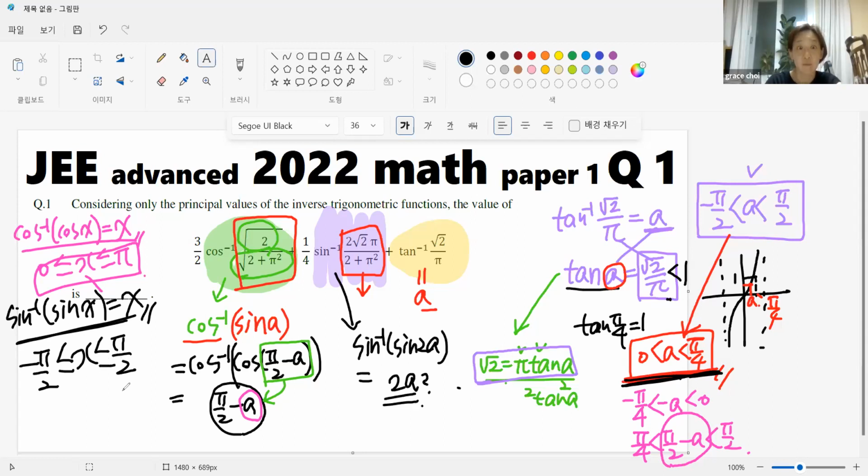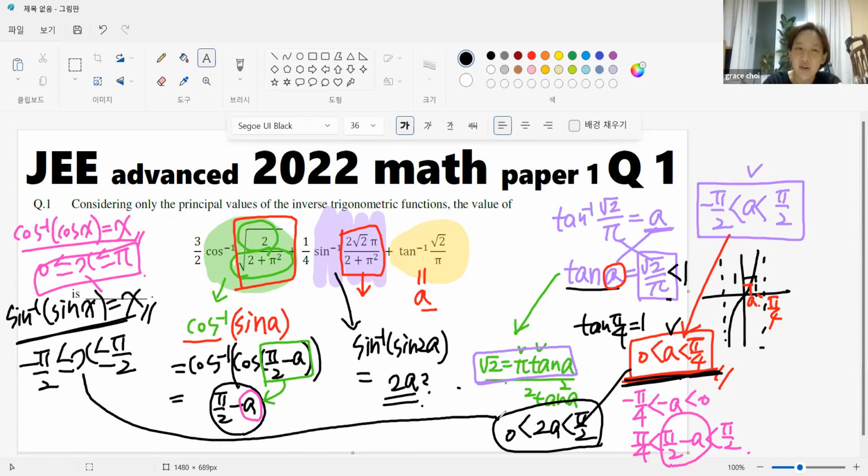Let me check. The A interval times 2 is 0 to pi over 2. This exists in here, for sure. Thus sine inverse of sine 2A can be 2A.